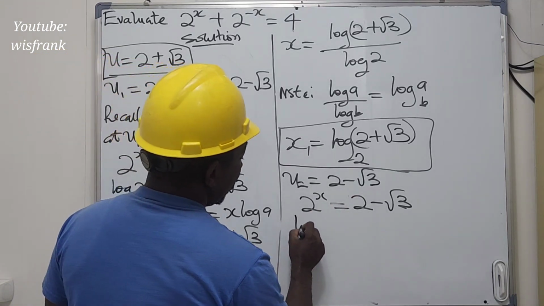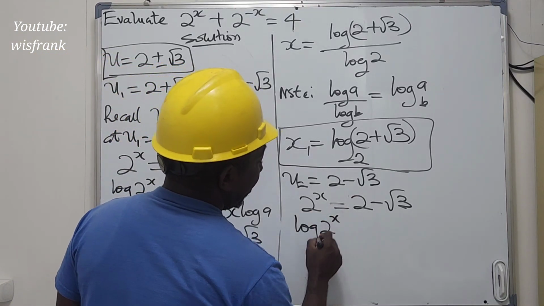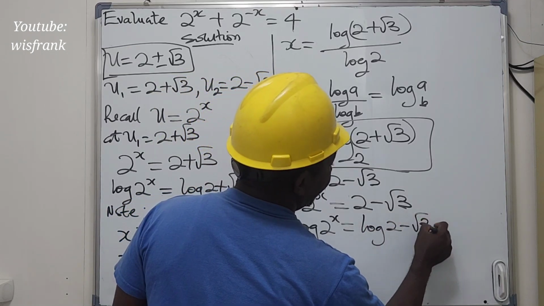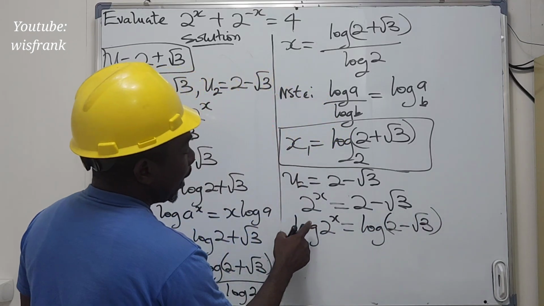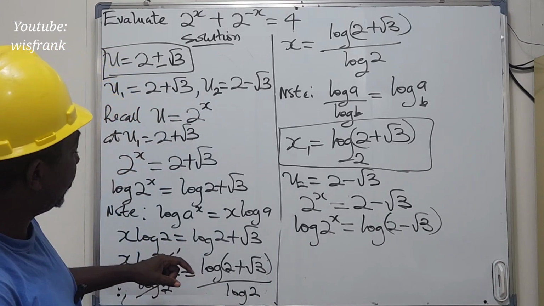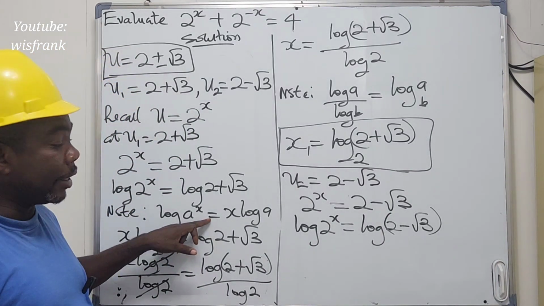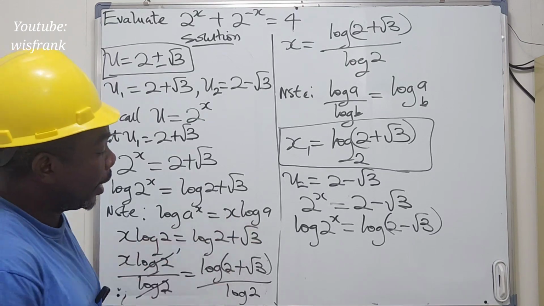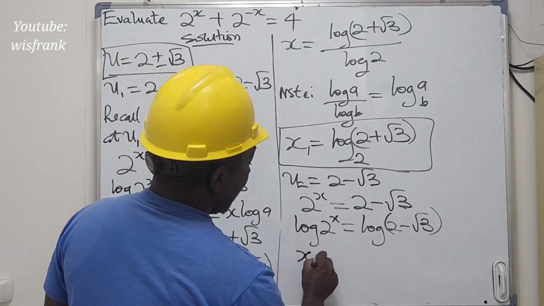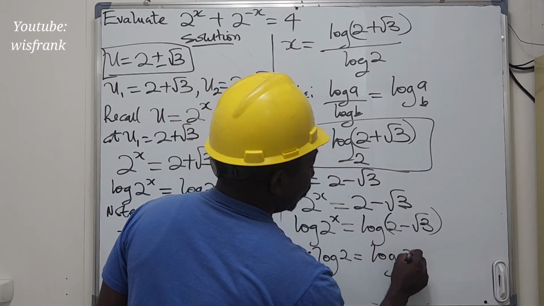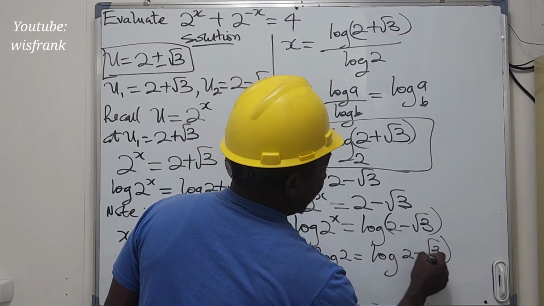So this will become log 2 to the power of x equals log of 2 minus root 3. As with the same method that we used here, log a to the power of x equals x log a. So this will give us x log 2 equals log of 2 minus root 3.